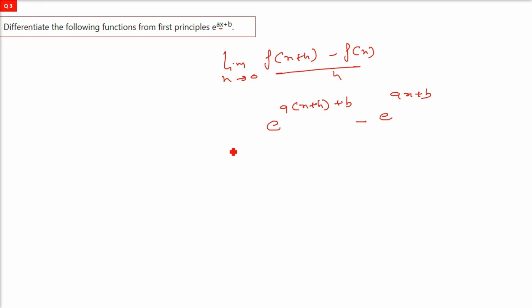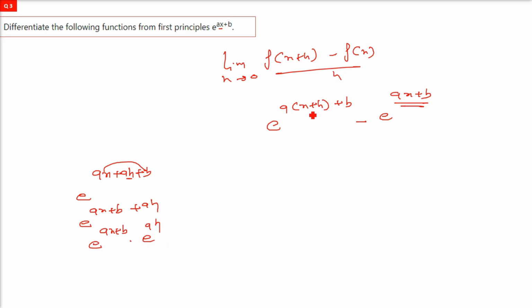I am skipping it for now. Let us concentrate on the numerator. This is e raised to the power ax plus ah and then plus b. So ax plus b I am taking together, ah after that, and then I can write it as e raised to the power ax plus b multiplied by e raised to the power ah.